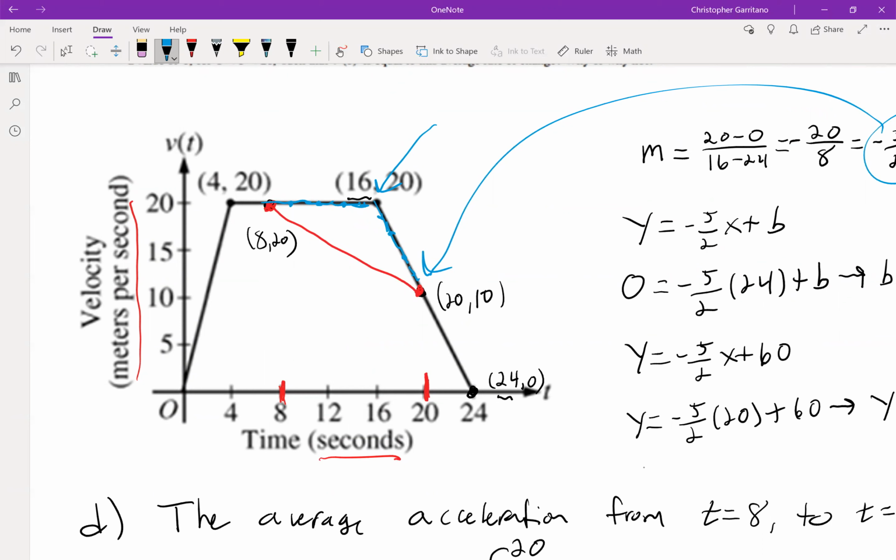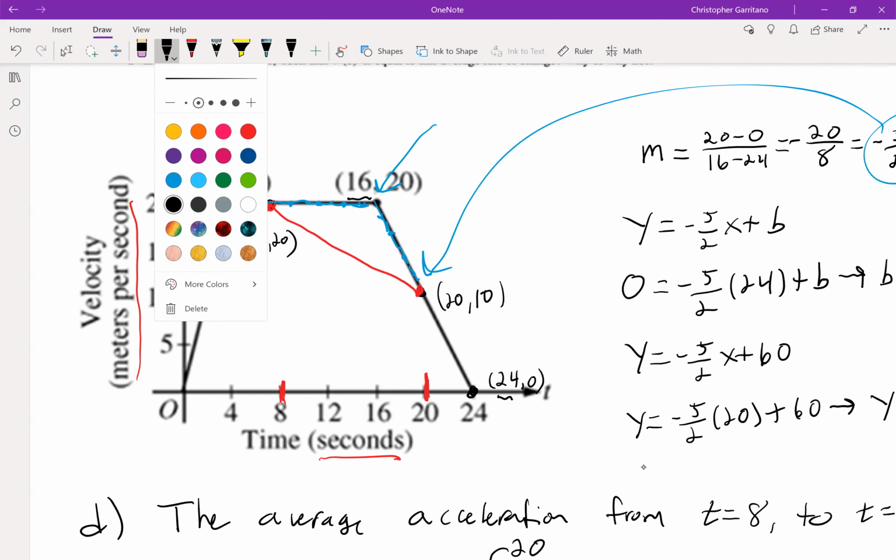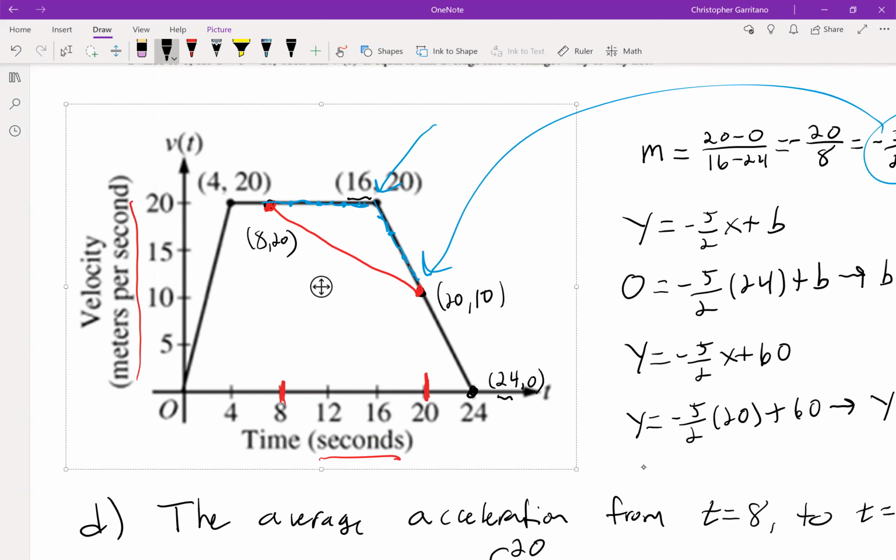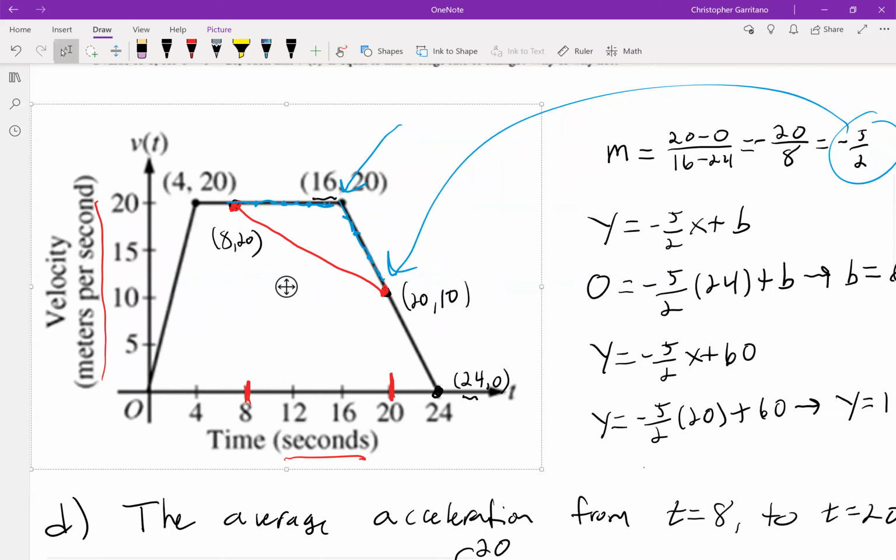We learned much earlier in the year that if a graph has a corner, we cannot find a derivative at that corner point. The tangent lines jump from 0 to -5/2 in an instant, and since there's not a smooth continuous transition of slopes, we call that a point of non-differentiability.